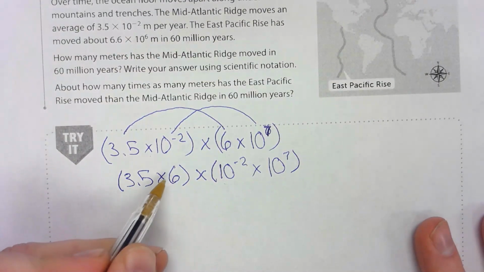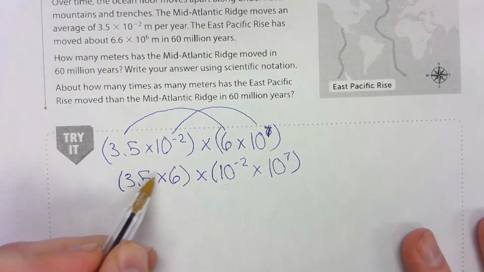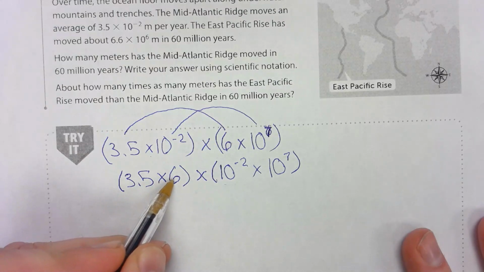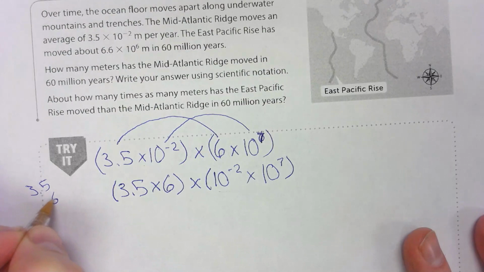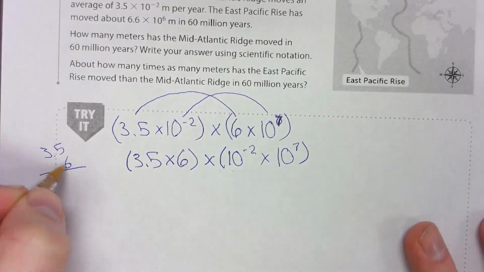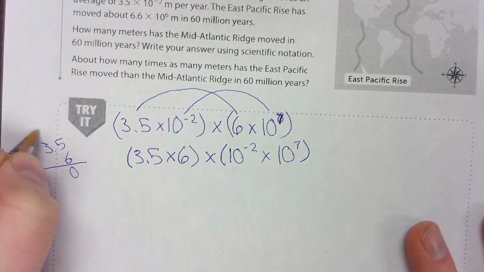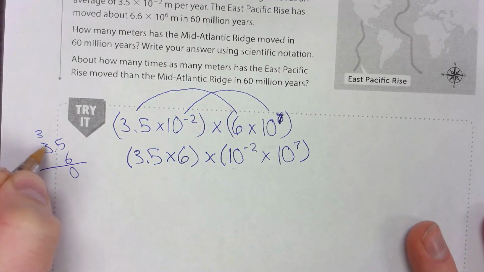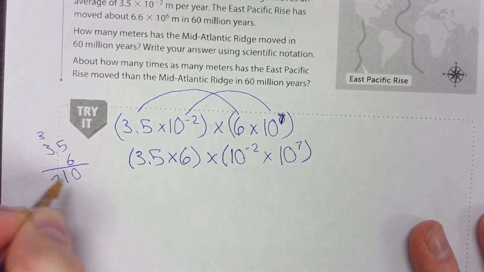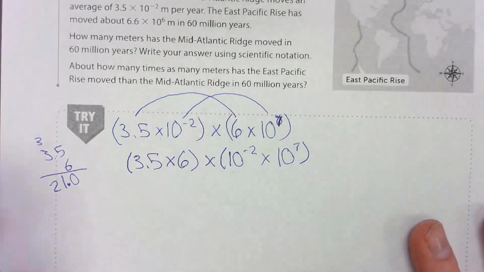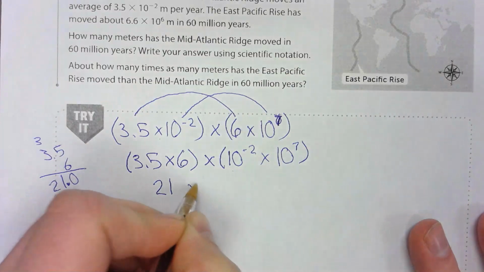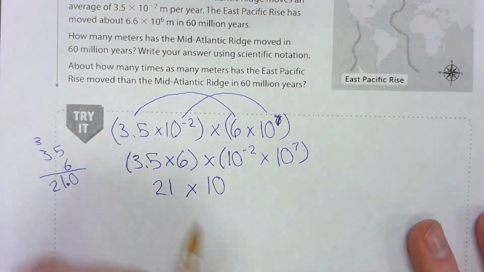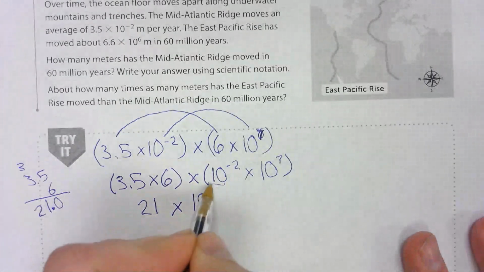Okay, so we need to do this. 3.5 times 6. What is that? I'll just do it over here. 3.5 times 6. 5 times 6 is 30. 6 times 3 is 18, 19, 20, 21. Add my decimal. This equals 21 times 10 to the, look, these are like bases.